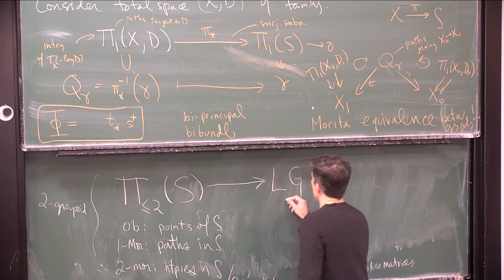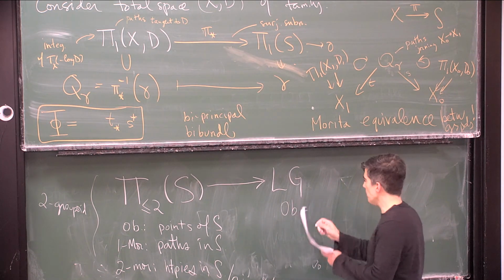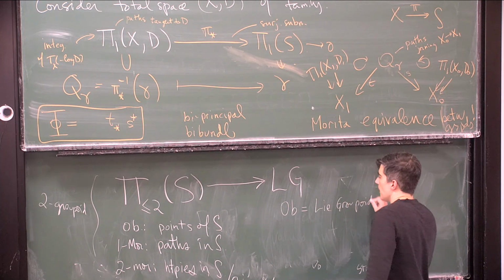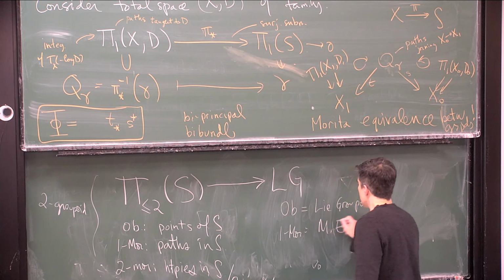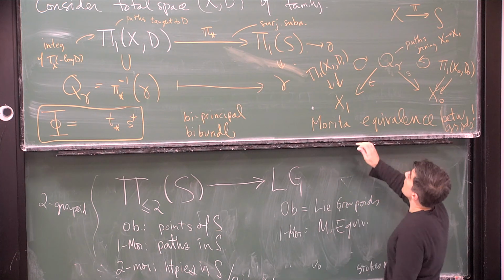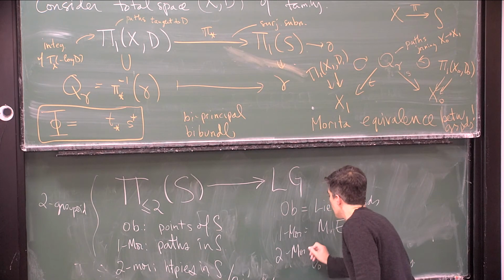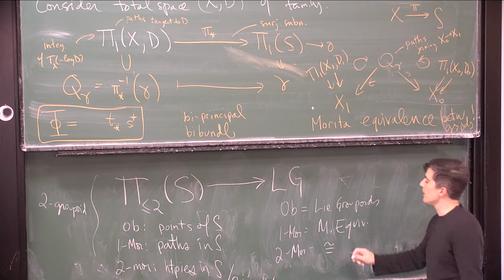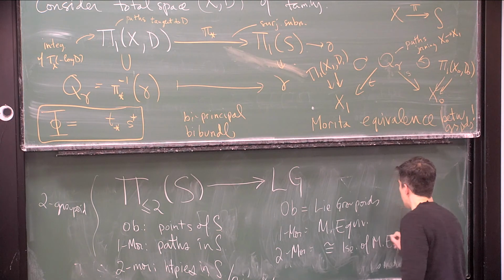And this is the category where the objects are the groupoids. The one morphisms are Morita equivalences, like this. And the two morphisms are isomorphisms between the spaces that define the Morita equivalence. Isomorphism of Morita equivalences.